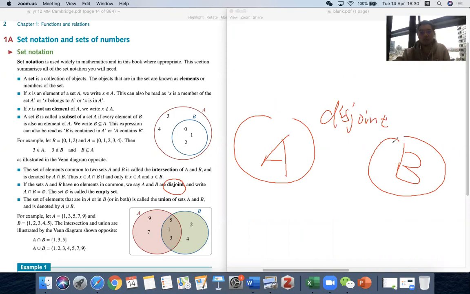And of course, if we try to find the intersection of A with B, we'd say, oh, we have nothing here. So how do we represent this situation? We use another symbol, which we call the empty set. Basically a zero with a line through it.